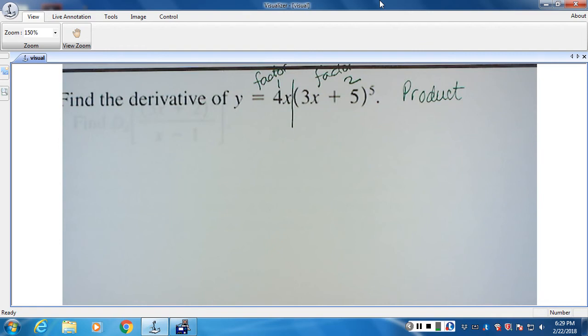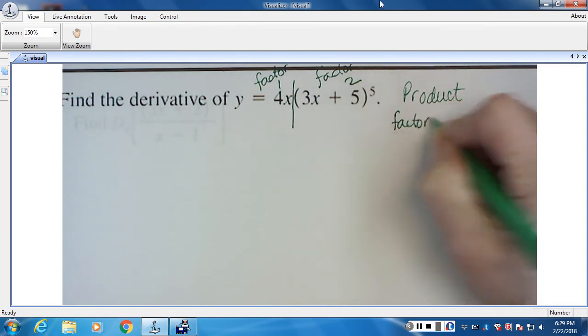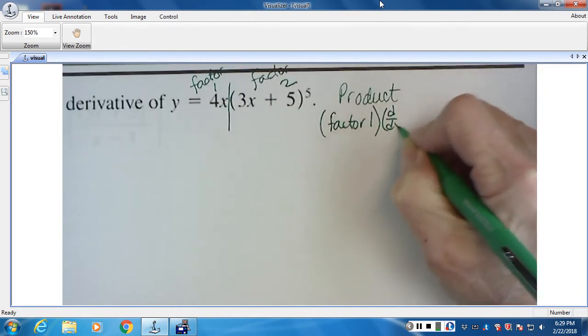So remember that the way that we do a product rule is we take the first factor and we multiply it by the derivative of the second factor.